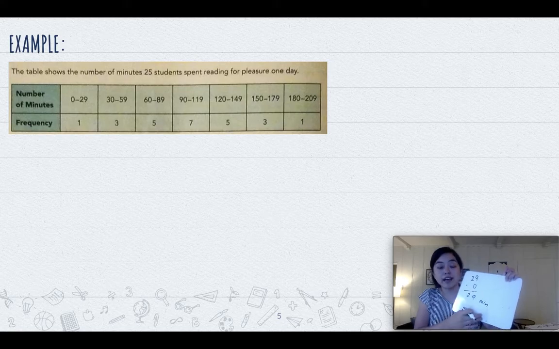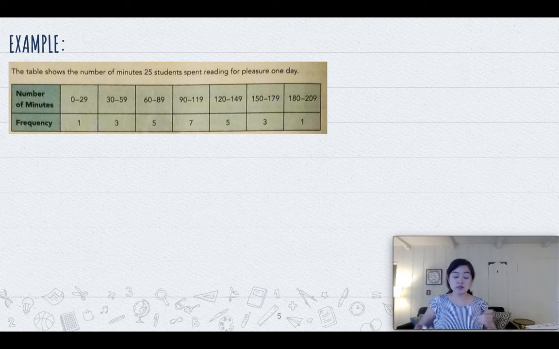But actually, it counts the 0. So it counts the value of 0 minutes, then 1 minute, then 2, 3, 4, 5, 6, 7, 8, 9, and all the way to 29. So in fact, it is an interval of 30 minutes when we count the 0.